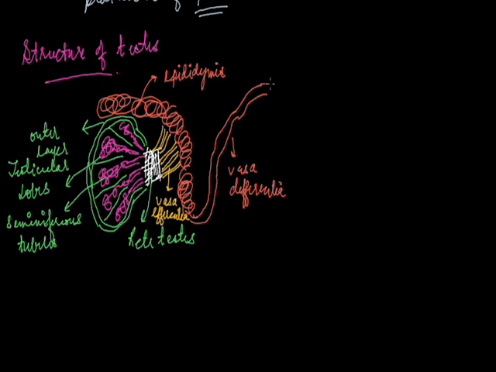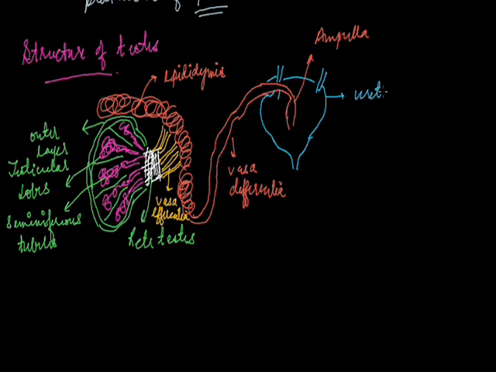This vas deferens will move on to the urinary bladder. This is the urinary bladder, and the vas deferens will dilate here a little and form the ampulla. This is the ampulla. This blue bag-like structure is the urinary bladder.